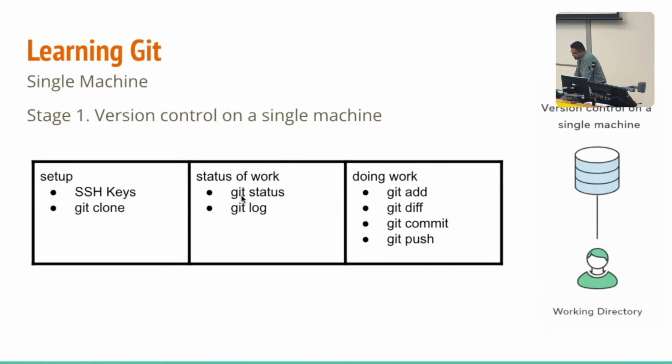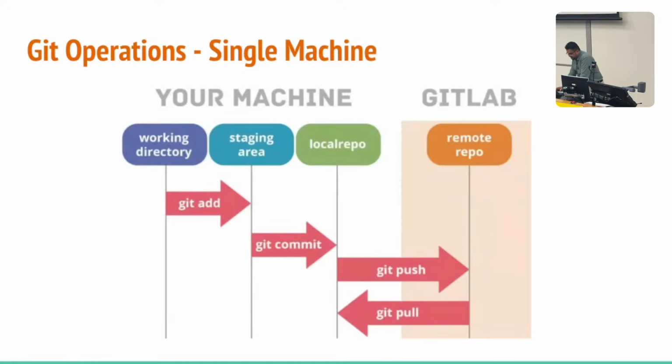If you want to compare your version with what's on the server, you can just type the command git status, right? And then you can add things, you can compare the differences, you can commit, and you can push, right?